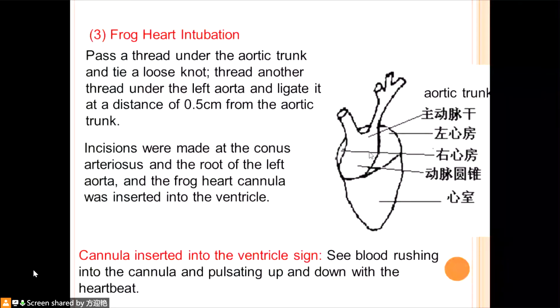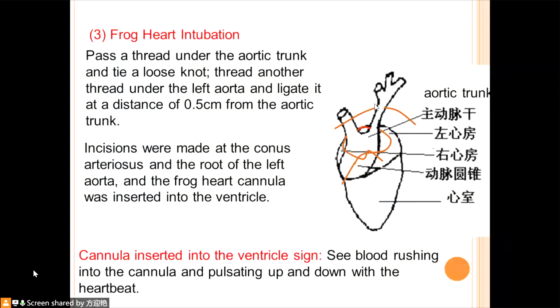We also should make a knot at the root of the left atrium, and then the whole heart cannula goes between them. Here we can see the first thread, and also the second thread.